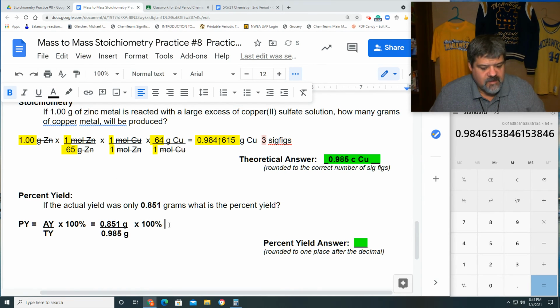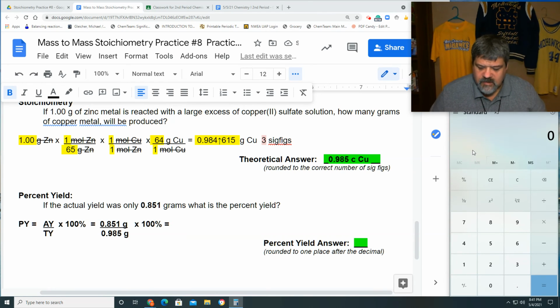Okay, and then that's going to equal, and let's see what the calculator says. So we'll go back to our calculator. So we're going to have 0.851 divided by 0.985. That's going to equal this number that we're going to multiply by 100, and that's going to be 86.3959.